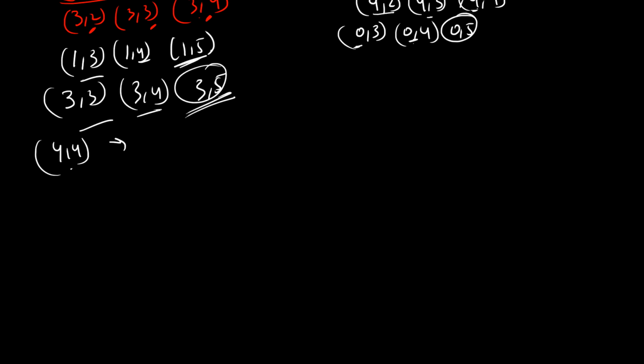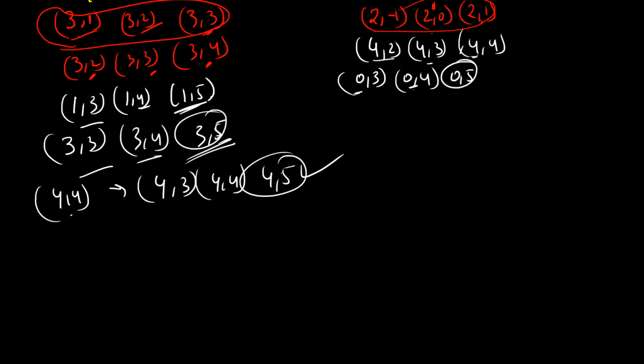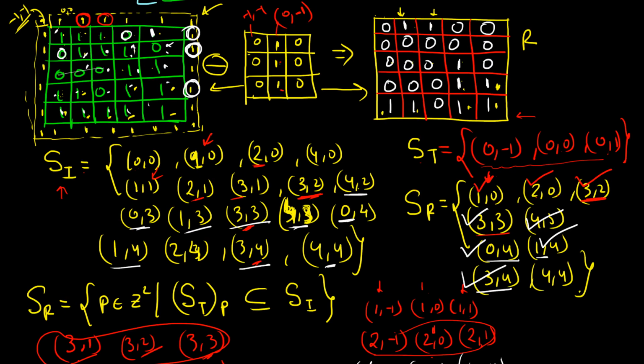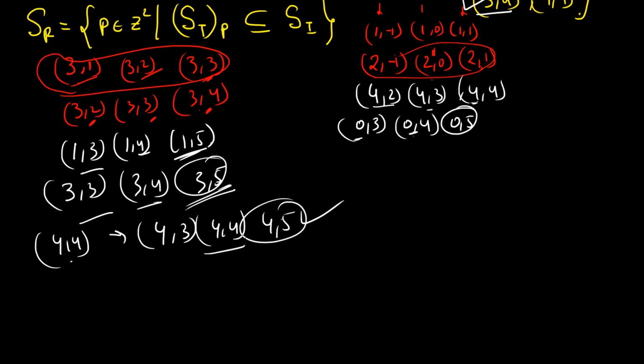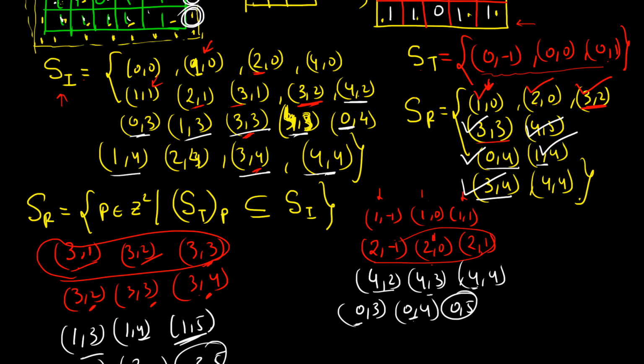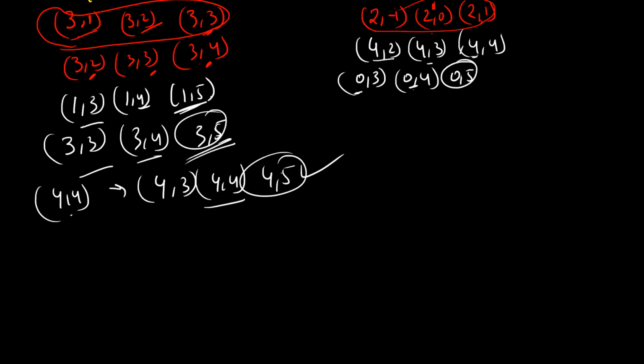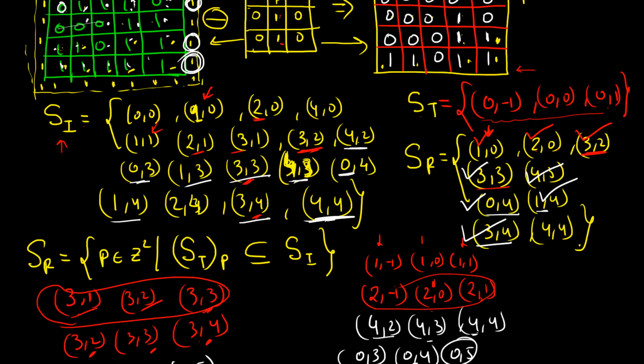So (4, 4) will give us the translated set (4, 3), (4, 4) and (4, 5). So (4, 5) is again present by default because we appended. (4, 4) is present in the set. (4, 3) is present in the set again. So this also checks out.